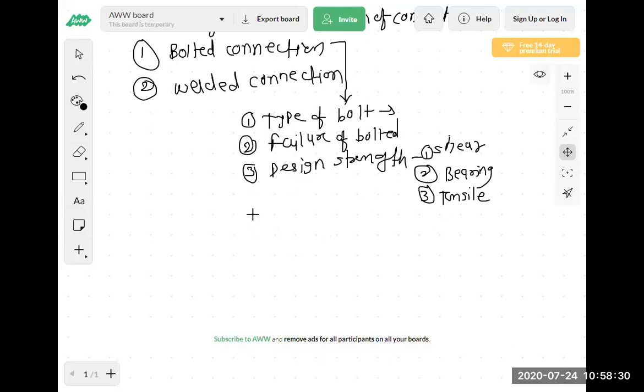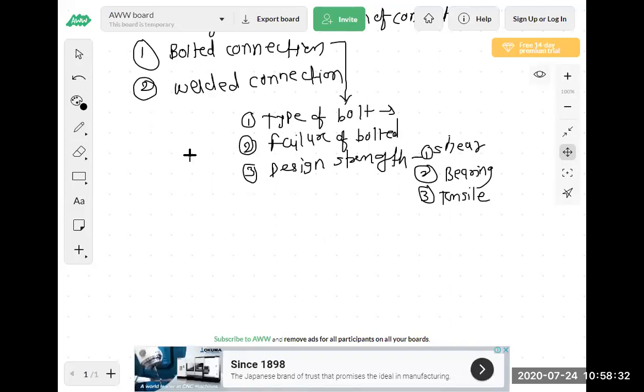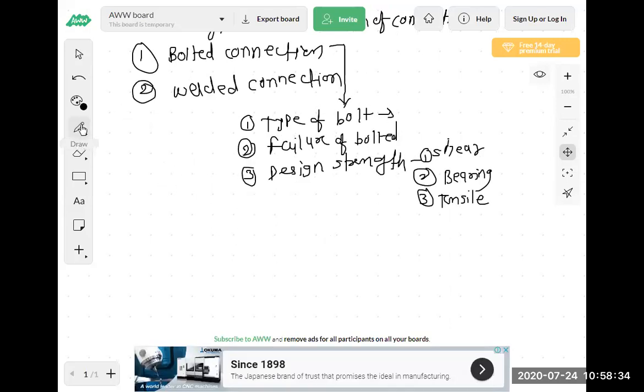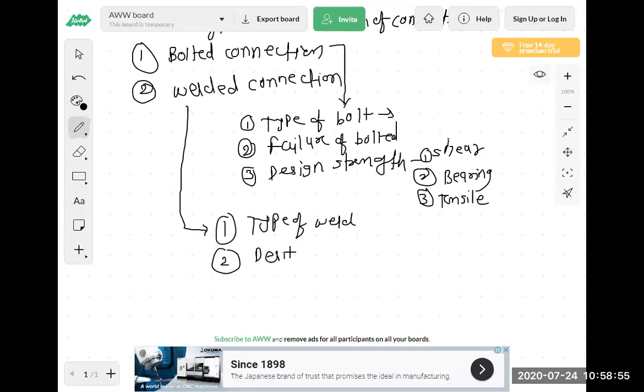Then in the welded connection, what we have learned: again here we have learned the types of the welded connection, then again the design strength of the weld.